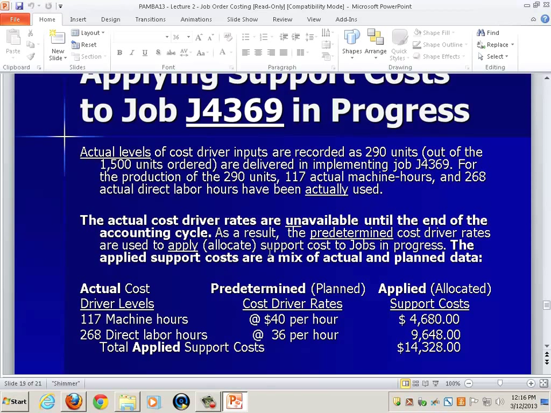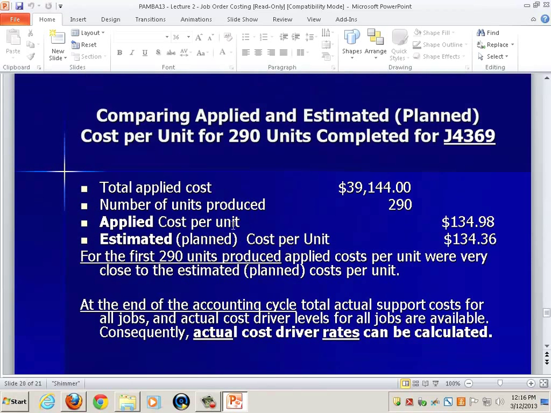But if you do the cost analysis as you go and compare it with your estimate, if you do this comparison of the cost per unit between estimated based on the bid and the applied cost for the batch of 290, you know whether you're on target or not. Well, in this case, you are on target, so you can smile. But in case you're not on target, you have cost overruns, you have time to correct things.